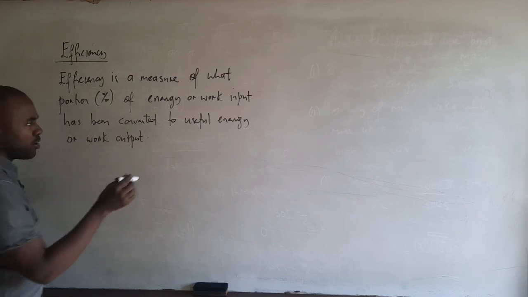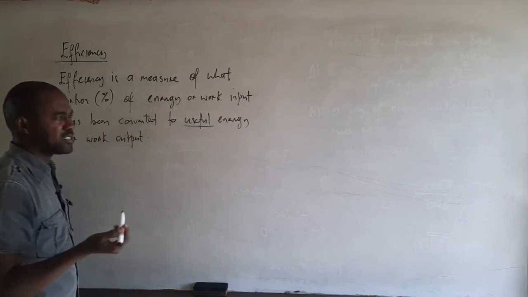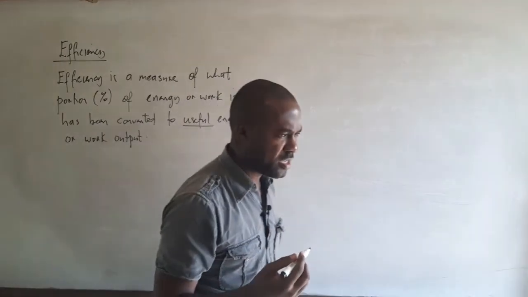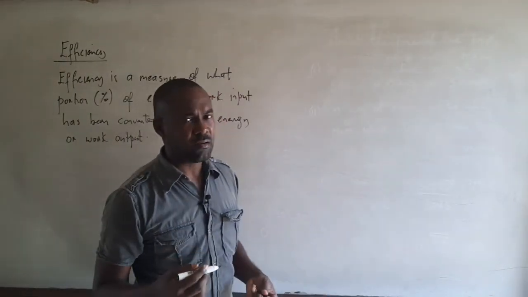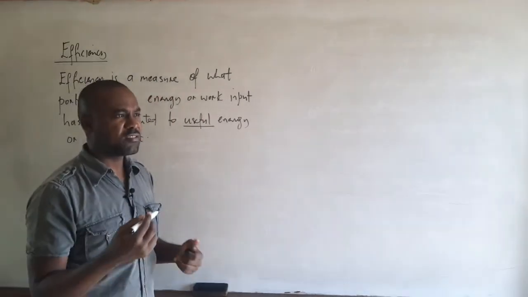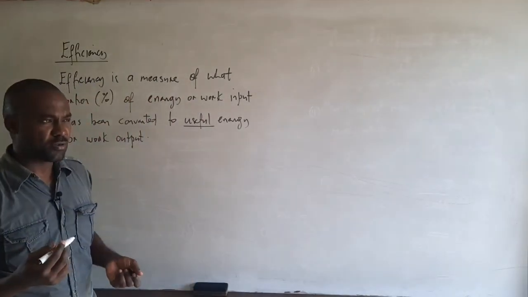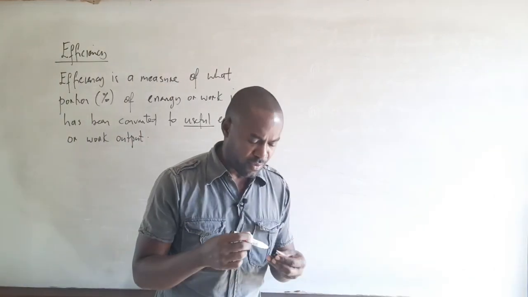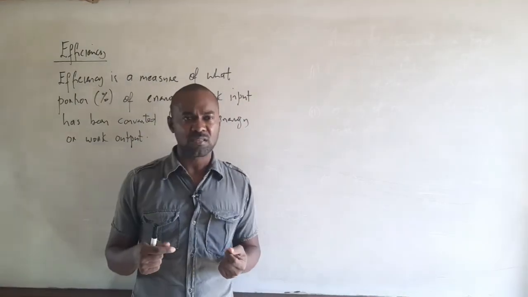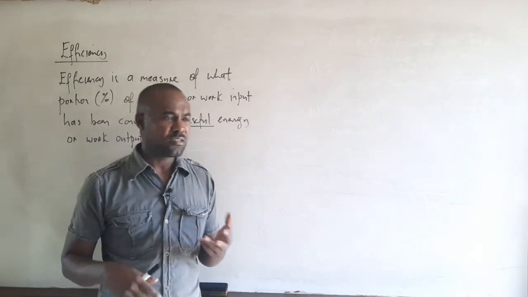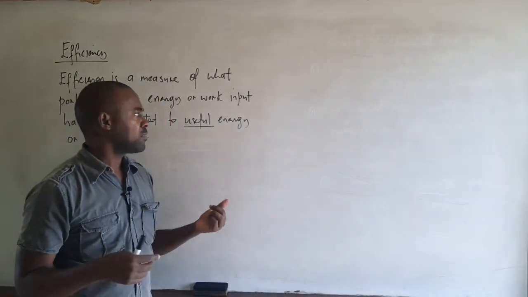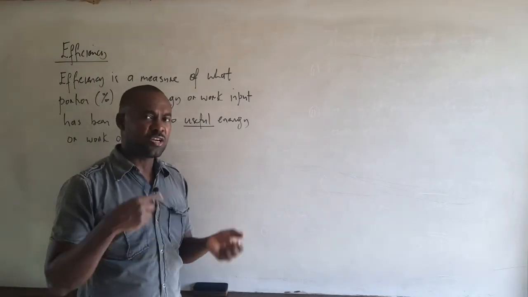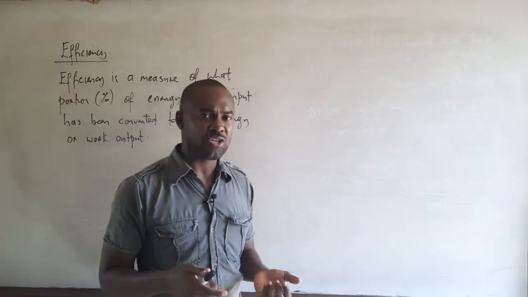Right? Now the word useful here is very important, because in all energy conversion processes there will be some undesired form of energy, and therefore this will not be considered useful energy conversion. For instance, heat is often given off in many energy conversion processes, but the production of heat is not considered to be a useful form of energy conversion. As a matter of fact, heat is generally regarded as wasted energy, right?